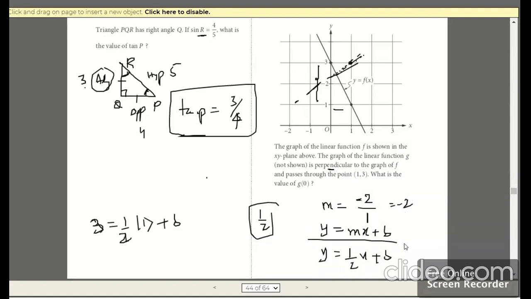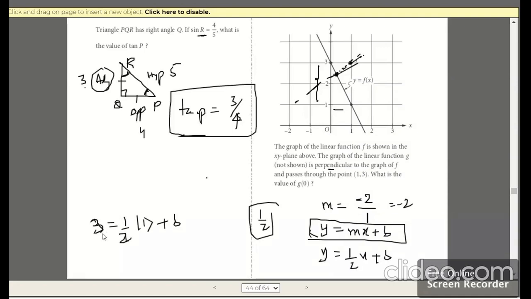So y equals mx plus b is the slope-intercept form, where m is the slope of g, so y equals 1 over 2 x plus b, and they said that these two lines intersect at (1, 3). So that point lies on the line.